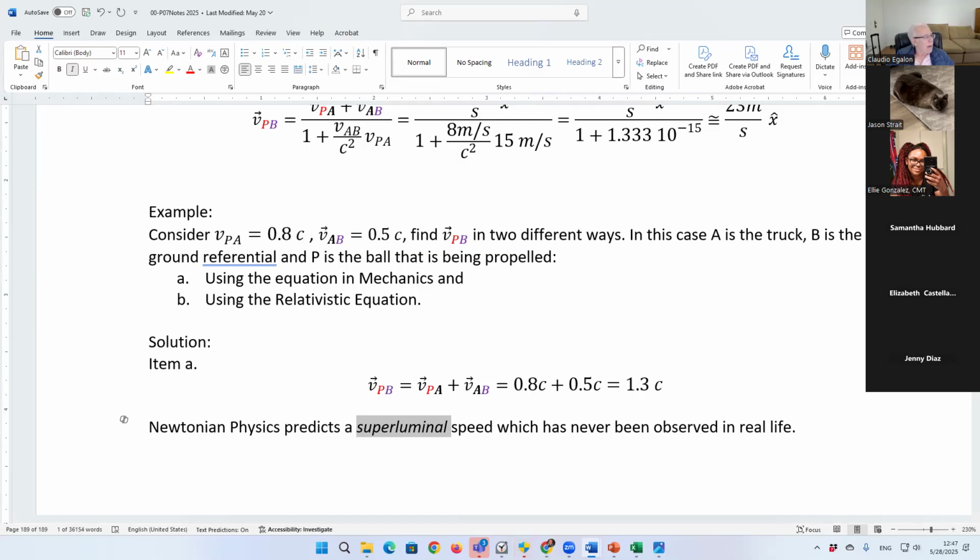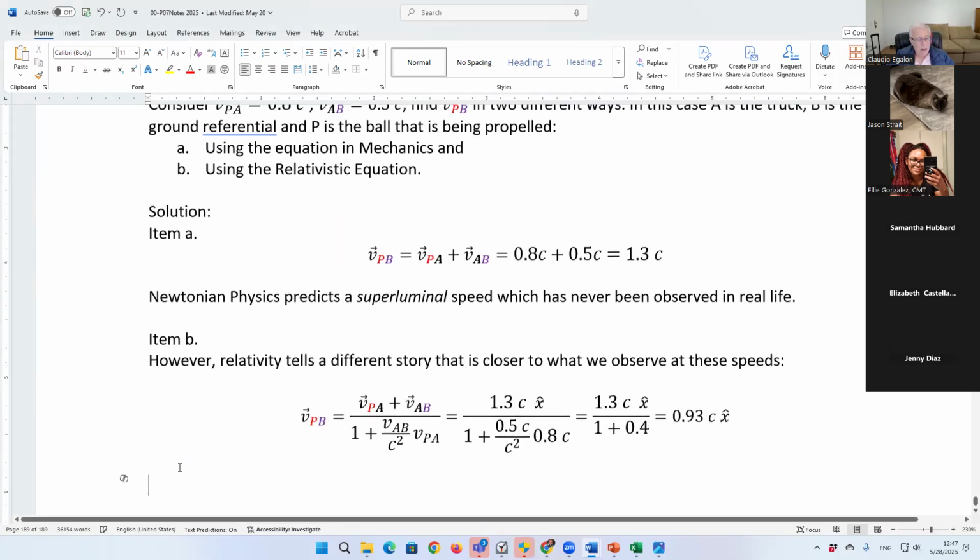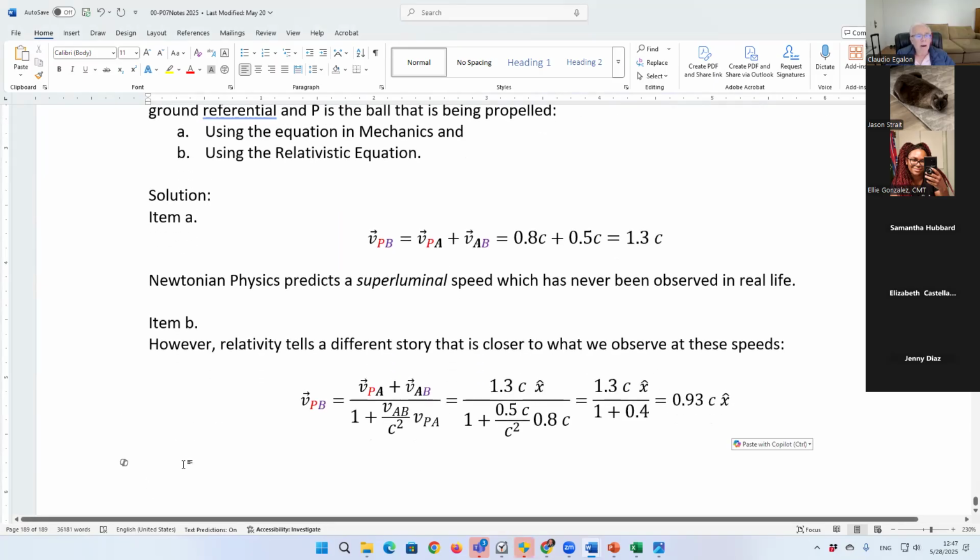Whereas relativity tells us a different story that's more like we observe in real life, because of this term that we have right in here. Now, this term that you see here is going to be divided by a term larger than 1, and it's going to bring down your final speed that you got originally.